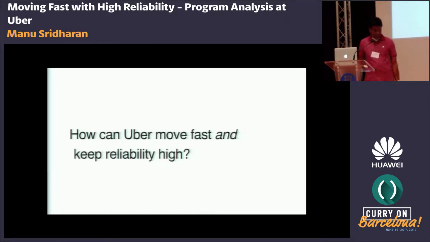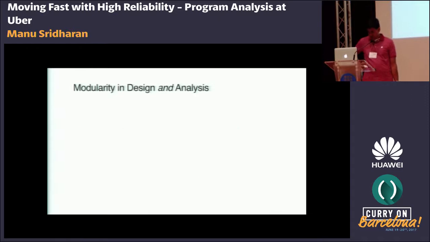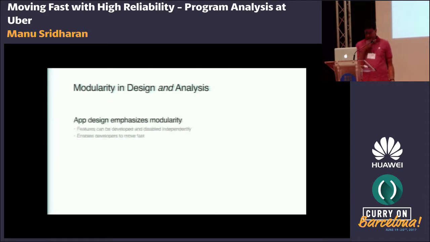I don't think I have the answer yet, but one thing that I think is exciting that we've been exploring is this idea of modularity, both in the design of the apps and in the analyses we design, and how these can interact. I'm going to describe how some of the app design principles that are already in effect at Uber emphasize modularity, so that developers can work on their features independently, which helps them move fast by not stepping on each other's toes.